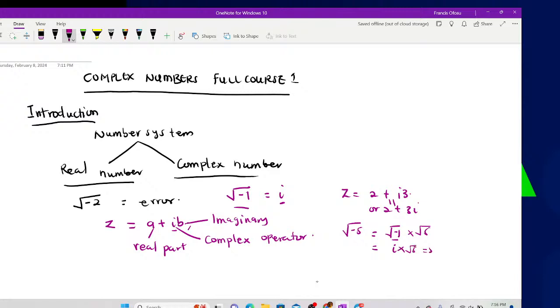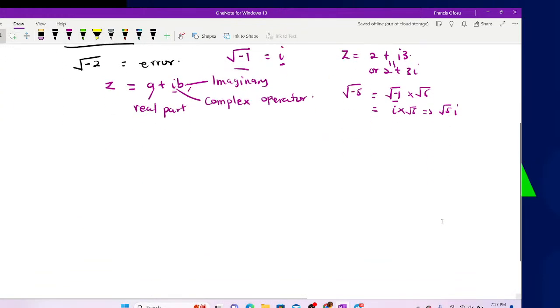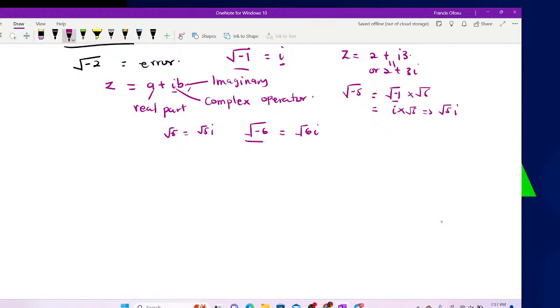So this is equal to root 5 i. Therefore, the square root of -5 is equal to root 5 i. Now the square root of -6 is also going to give us root 6 i, and it follows. So in the complex number system, the square root of negative numbers are compensated for by the complex operator i.